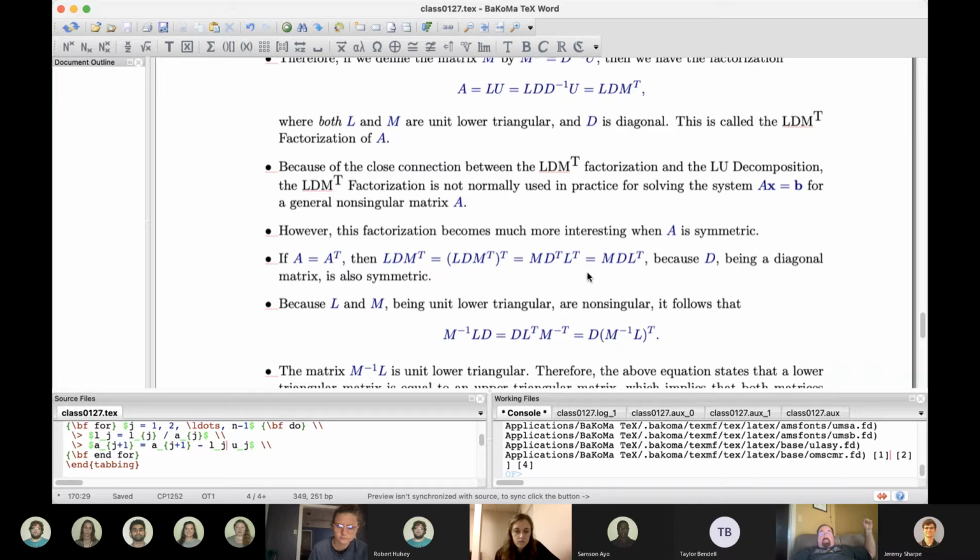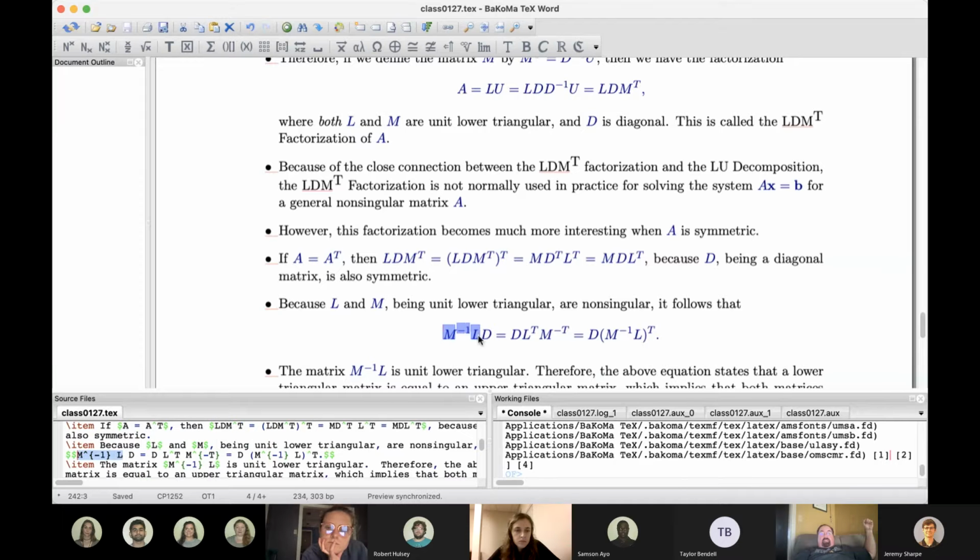If I set these two equal to each other, multiply on the left by M inverse, and multiply on the right by M inverse transpose, which is what the minus T means, then I have M inverse L times D equal to D times M inverse L transpose.